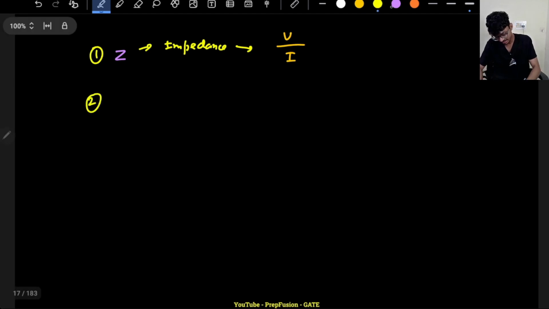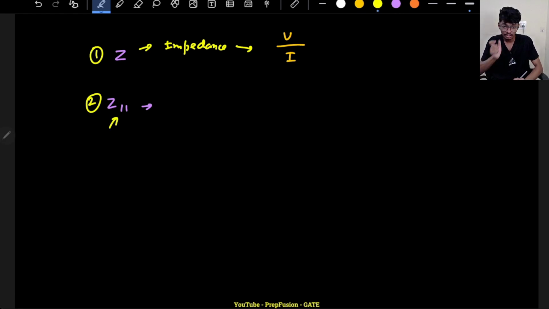Now in the second point there will be some numbers. In Z11, the first number represents the number of the voltage, so this will be V1, and the second number represents the number of the current, that is I1. I hope you understood that.